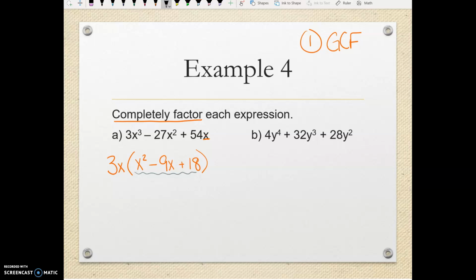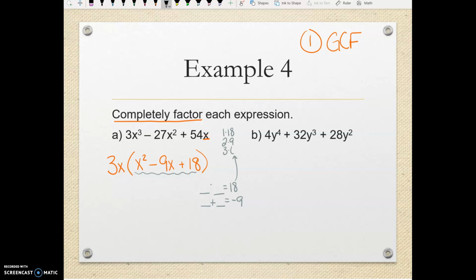So now we're looking for two numbers that multiply to give us 18. Those same numbers need to add up to negative 9. And again, this one does not pop into my head. I can't look at this and just see what numbers this is. So I need to think about 18. We can do 1 times 18. We can do 2 times 9.